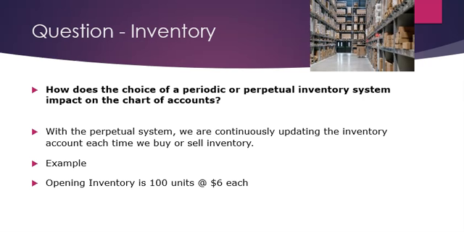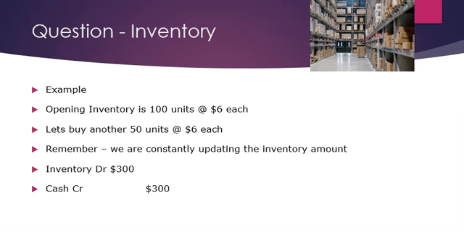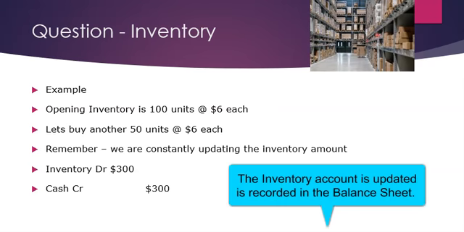Let's say we have our warehouse in the picture above, and then they have opening inventory or inventory on hand of 100 units at $6 each. So in other words, we have $600 worth of inventory. So let's buy another 50 units of inventory at $6 each.